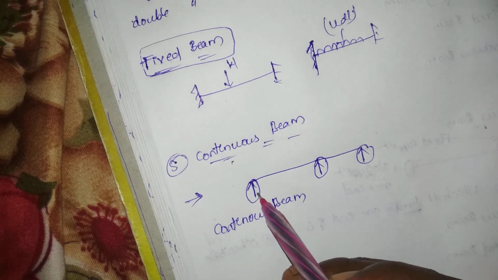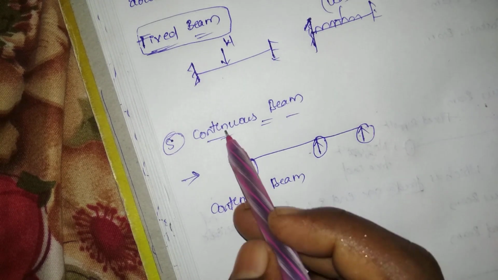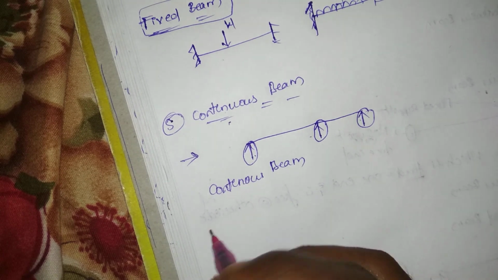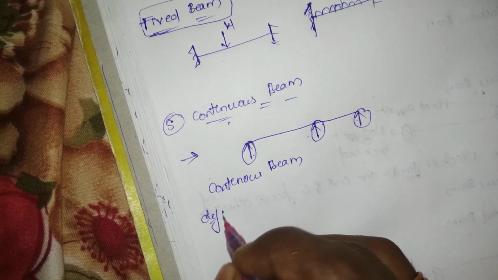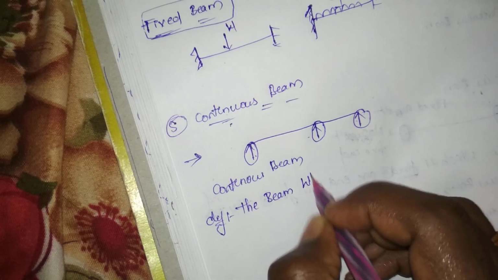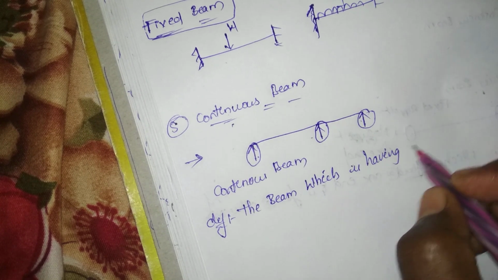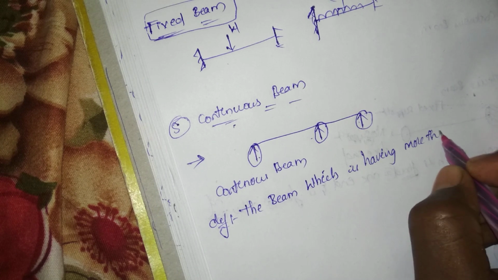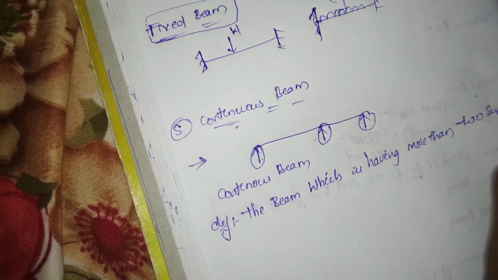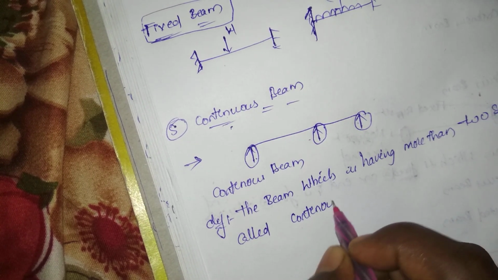The beam which has more than two supports is called a continuous beam.